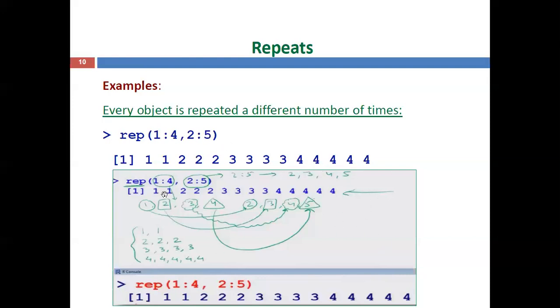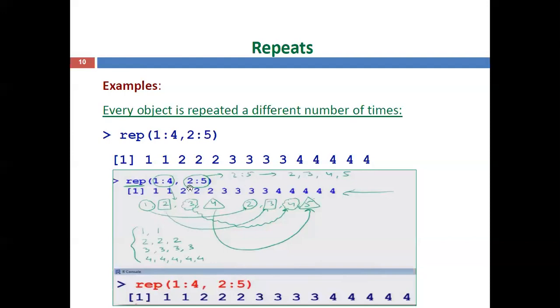Here you can see the marking explanation is given. So 1 to 4 means 1, 2, 3, 4. Then 2 to 5 means 2, 3, 4, 5. So now the first value can be repeated 2 times. Then the second value, that is 2, can be repeated 3 times.